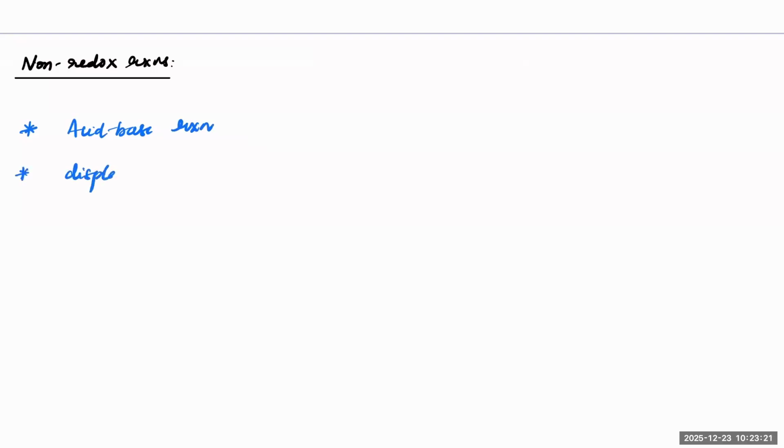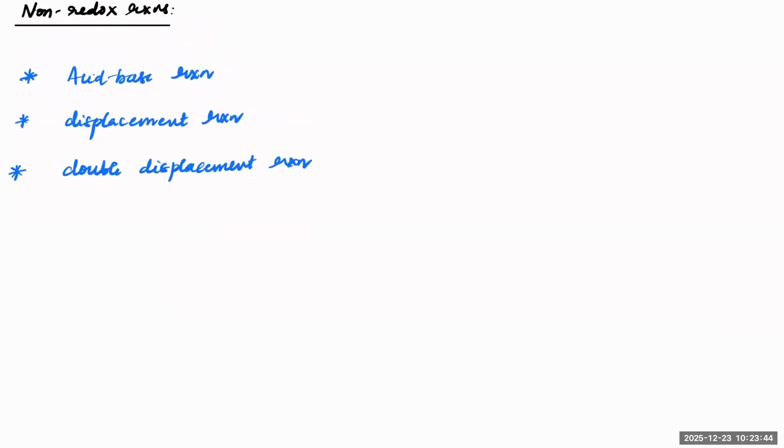Displacement reaction. Next, double displacement reaction. Got it? These types of reactions are simply precipitation reactions and everything. These are all non-redox reactions.